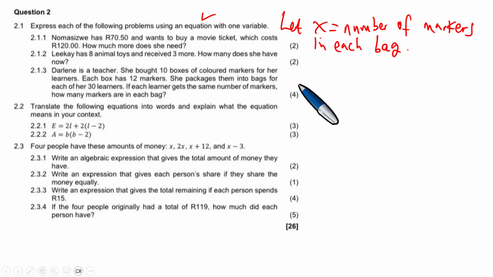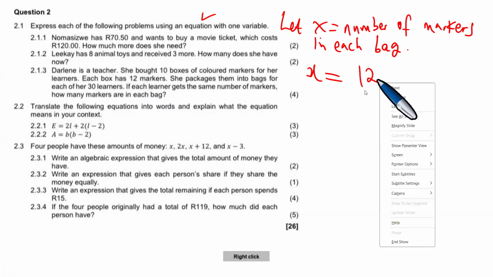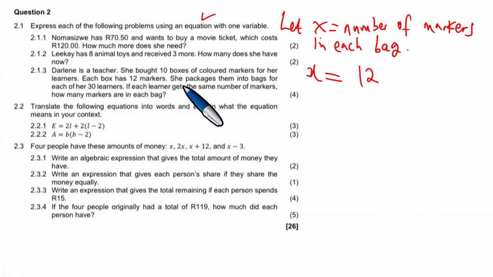She bought 10 boxes of colored markers for her learners. Each box has 12 markers. She packages them into bags for each of her 30 learners. Let's look at this.